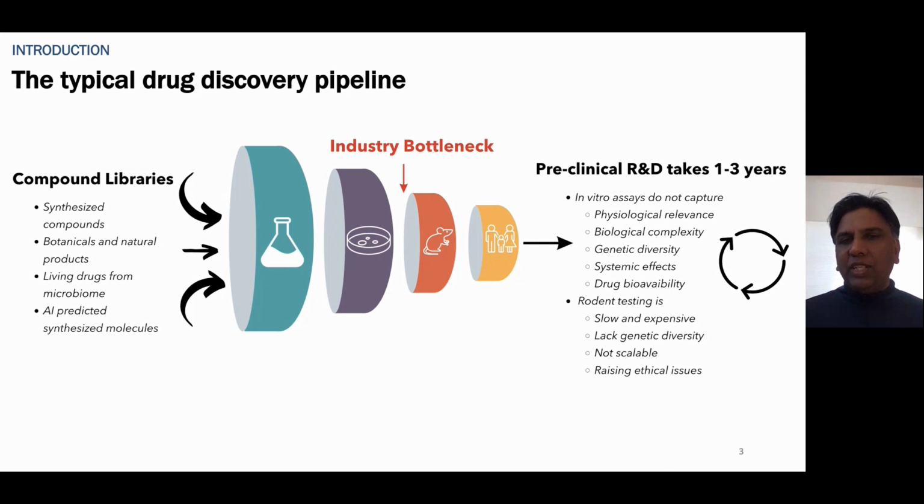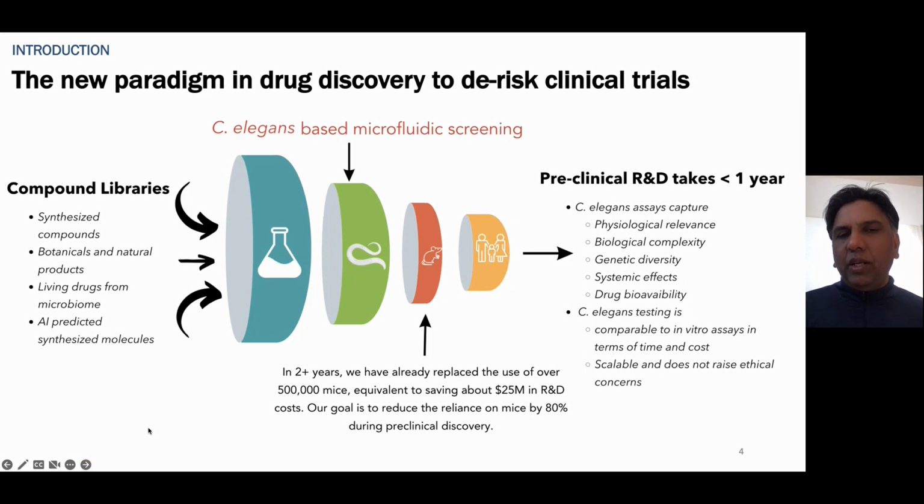Sometimes there's an iterative loop of doing in vitro testing and mice as well. So our proposition is to really start thinking about, could we get in vivo data very early on in the drug discovery process? That's where the use of C. elegans could be an important tool to de-risk screening.